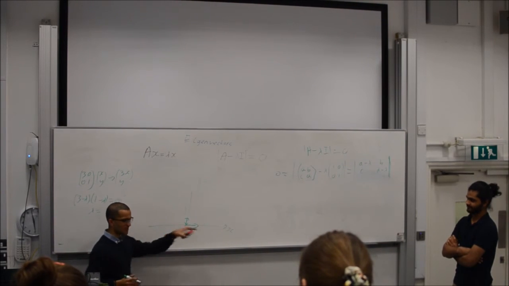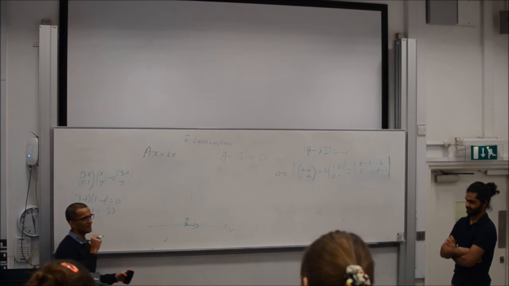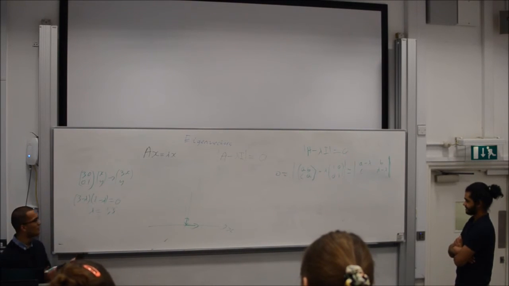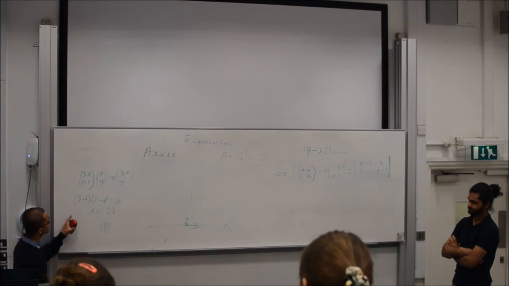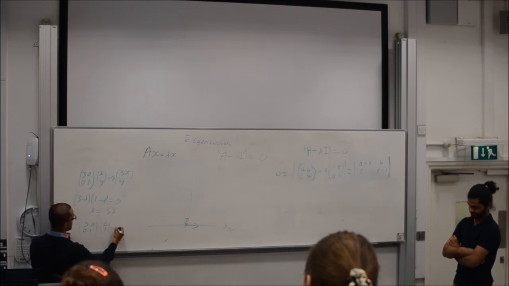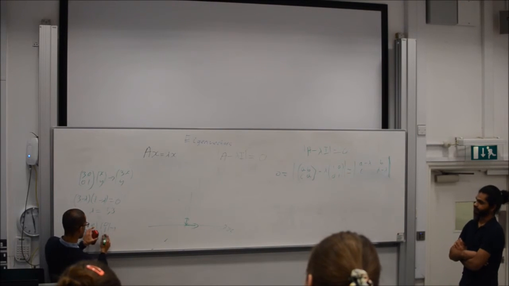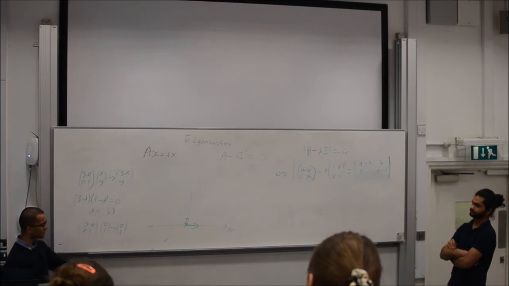If you have a scaling in that direction, the y isn't really affected. So if you have a y vector, say 0, 1, and you put it through the matrix 3, 0, 0, 1, you'll just get 0, 1, the same vector. So that's where your 1 comes from.